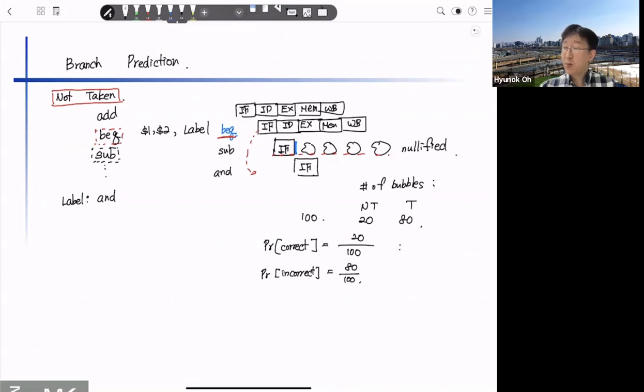So in the correct case, how many bubbles do we have to pay? 0 bubbles. In the incorrect case, we have to pay 1 bubble, right? So if our prediction is incorrect, then we have to pay 1 bubble. So then what's the average bubble?